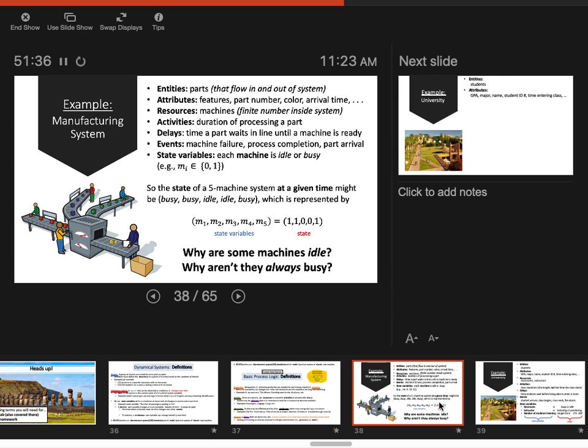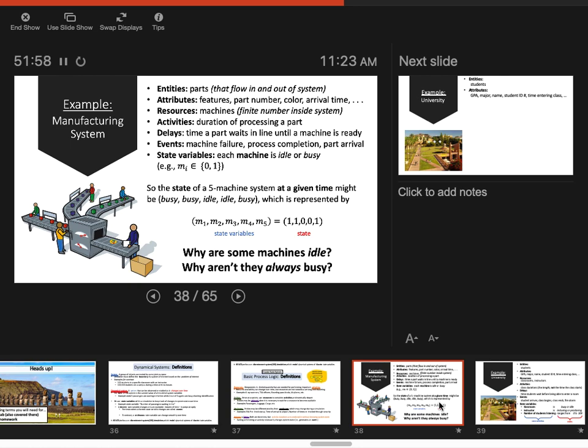If you have to condition your answer on the state of the system, then you've described a delay. If you can just spit out an answer that applies for all states, then you've identified an activity. Does that make sense?